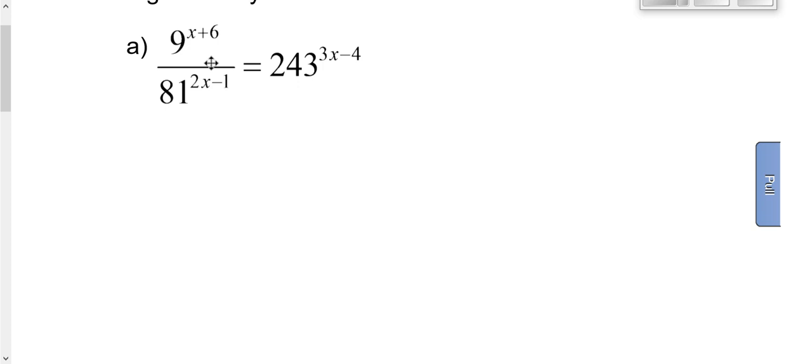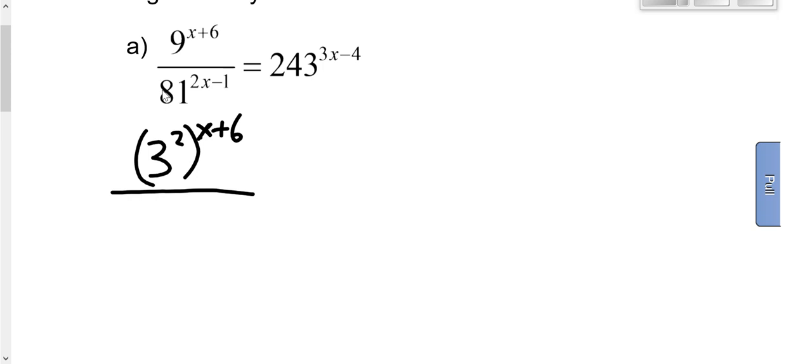So on the top, 3 squared gives you 9, and then with the exponent outside, x plus 6. And then on the bottom, 81, you can write that with a base of 3. So 3 raised to the power of 4, because 3 times 3 times 3 times 3 gives you 81.